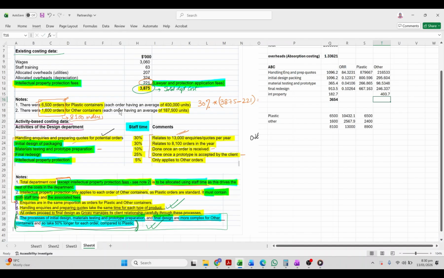So if you want to sum it up, this is the other, these are the total overheads for other costs, these are the total overheads for plastic, right? Now all these figures are in, are we done with all? Are we missing something?